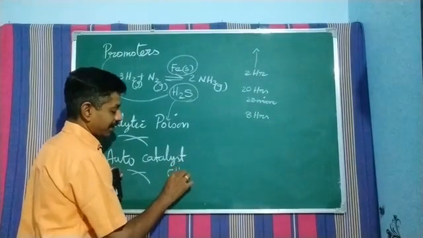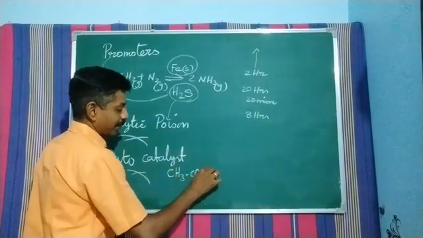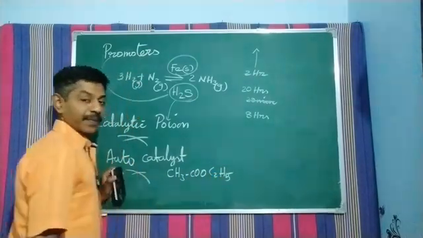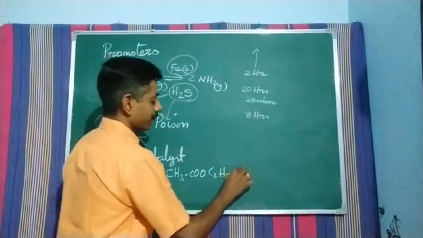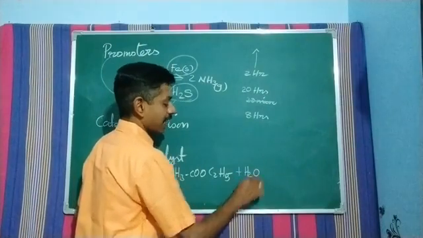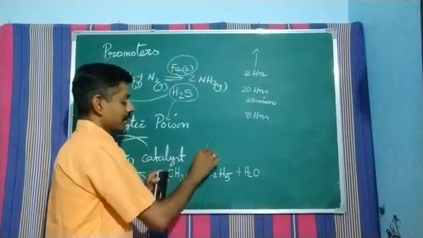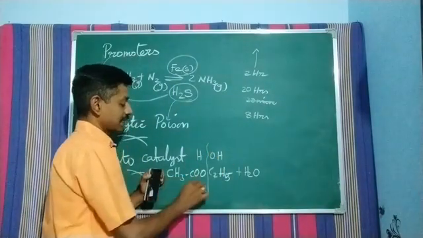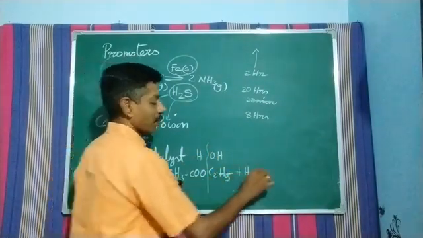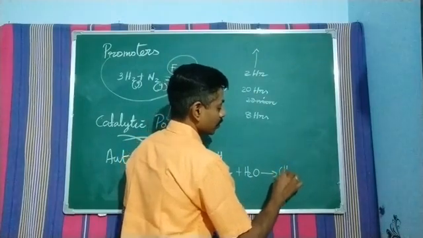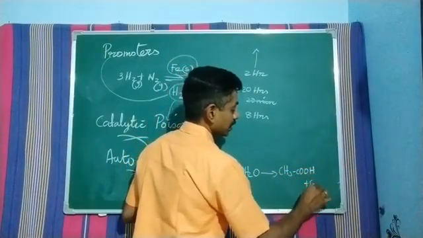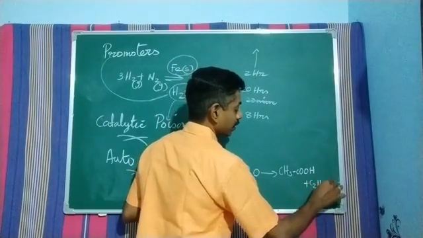In the process of ester hydrolysis, ethyl acetate you can take, we go for a hydrolysis reaction, addition of water, and there is formation of acetic acid and ethyl alcohol. This is a well-known equation to you. Acetic acid and ethanol will be the products.